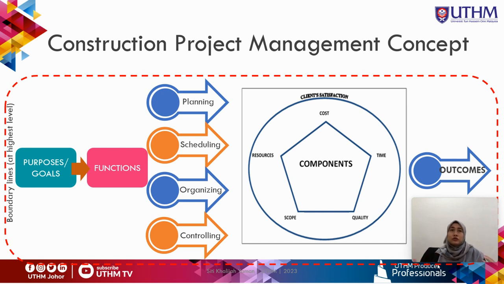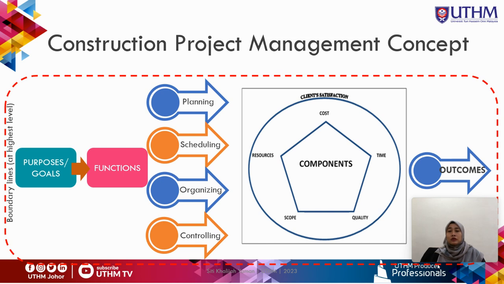So what you need to do, as an engineer, especially a project manager, or if you've been appointed as the project planner for this project, is gather all the information regarding that project and start to plan. After that, you put the duration to schedule the project, and then you use your planning and scheduling to organize the progress of the project and also to control all the resources involved in the project.